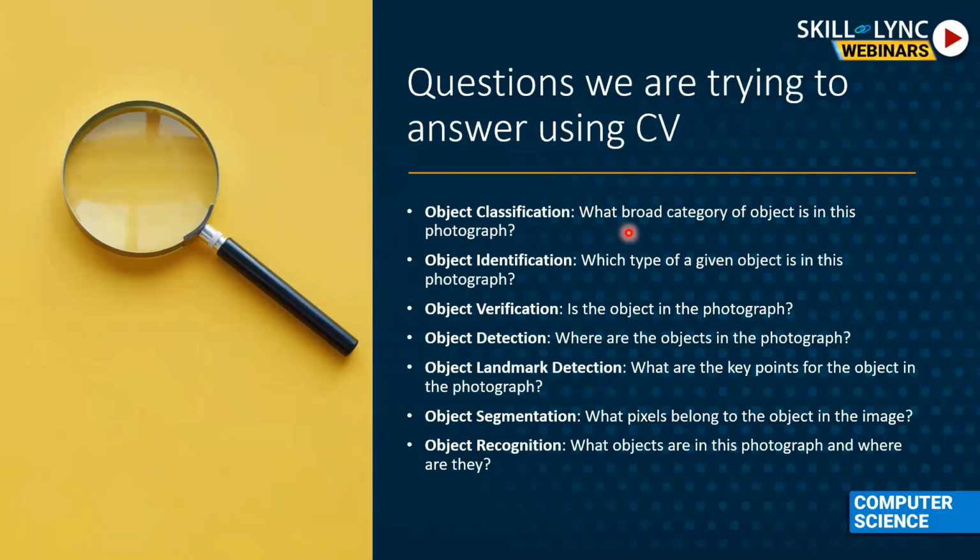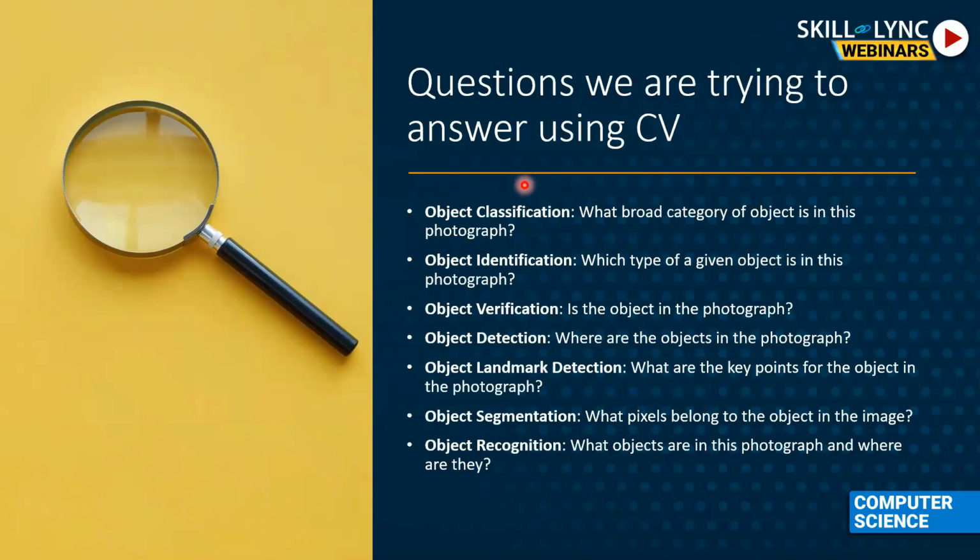And a computer vision algorithm that does object classification can help us classify that there is a tree present in this photo and there is a car present in the photo.